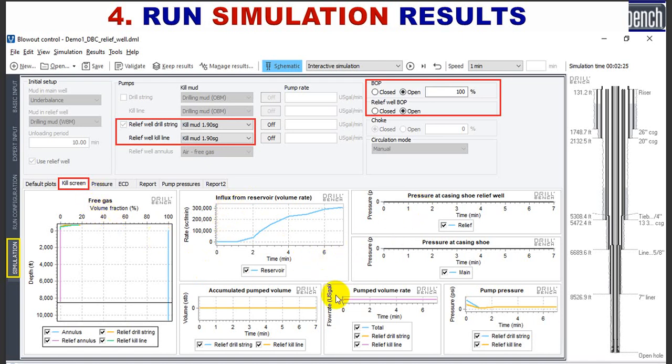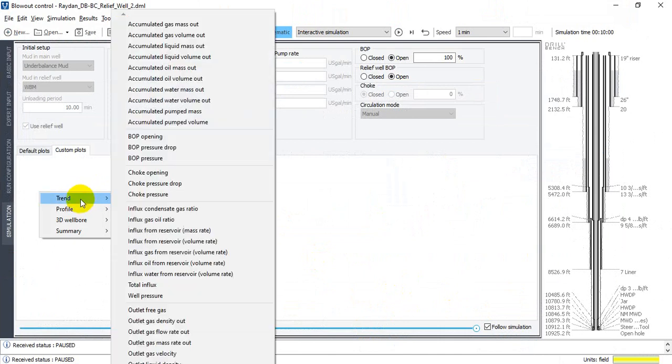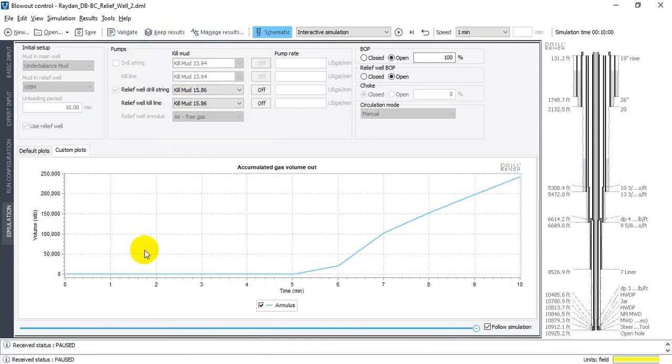For example, we have the pump volume rate or pump pressure. You can add here by the right click, and trend accumulated oil volume out or gas volume out, accumulated gas volume out. It is the accumulated gas volume out from the reservoir.